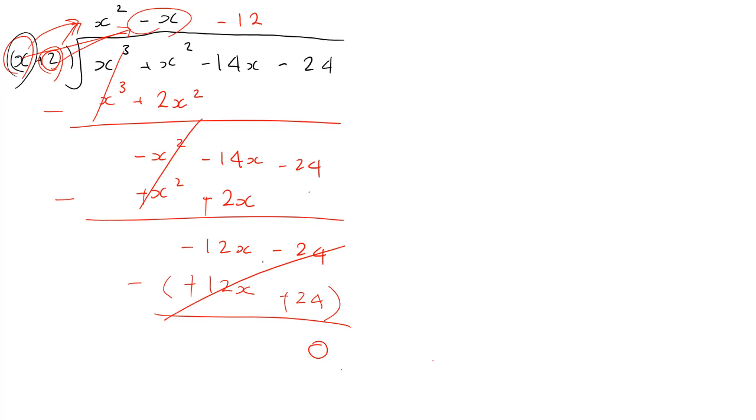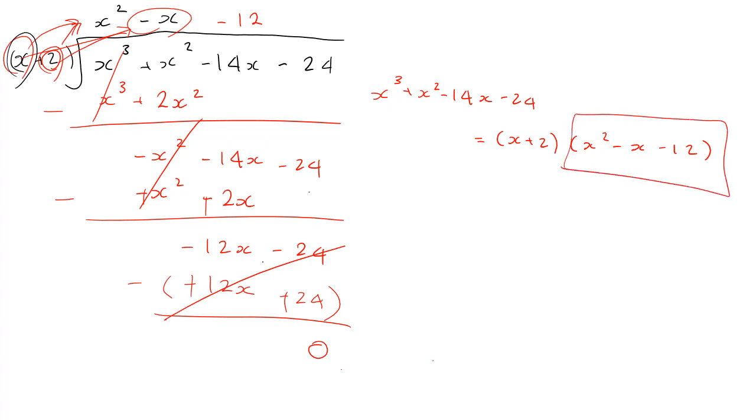This means that x cubed plus x squared minus 14x minus 24 is equal to x plus 2 times x squared minus x minus 12. Now always check if you can factorize the quadratic. Okay, in this case we can, so use the cross method to find out the easiest.